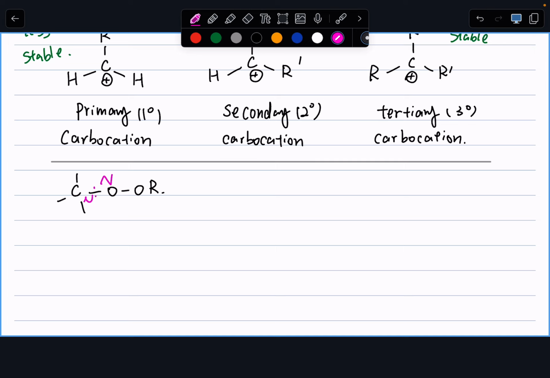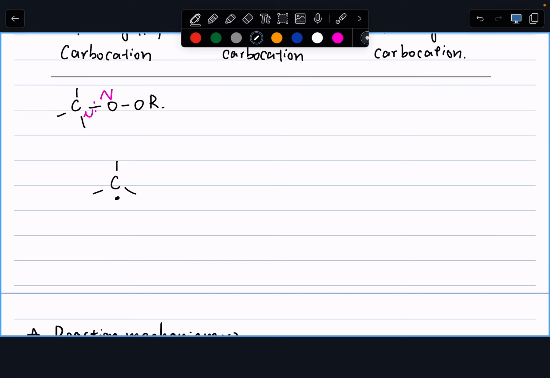In the chemical bond, you have two electrons, right? So in homolytic cleavage of that chemical bond, one goes to the left, one goes to the right. What we end up forming is a single unpaired species. So that's called a radical.